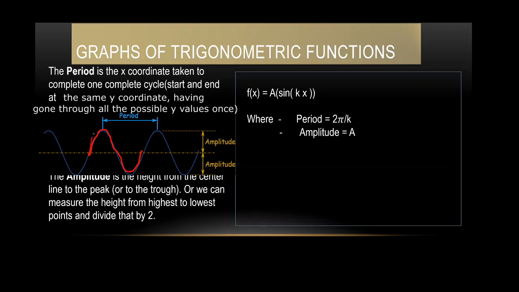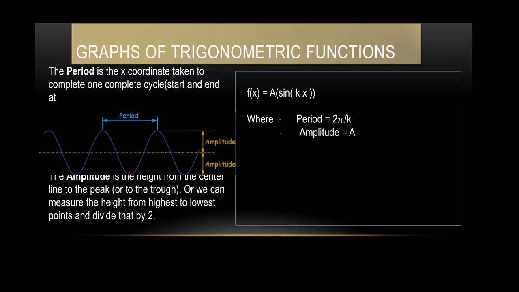One complete cycle is the period. The amplitude is the height from the mean distance. The mean distance will be the highest point plus the lowest point divided by 2, and this is the amplitude. So this is the amplitude and this is the period.